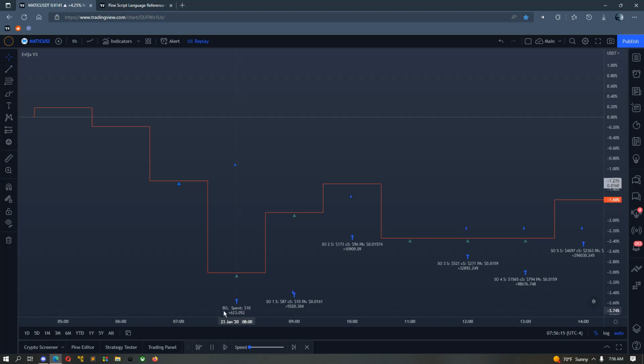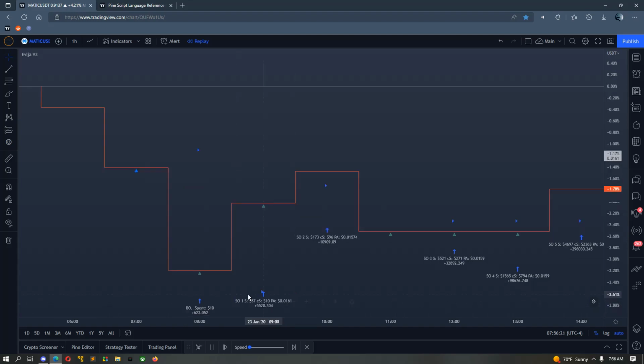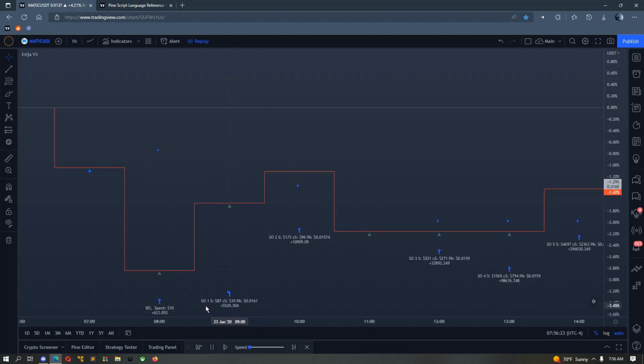This is my reporting, so it says base order and how much you spent, $10. I fixed this safety order. That's important for internal calculations. Safety order 1, $87. That's according to my volume scaling that I have set up right now. Cumulative spending is $10.